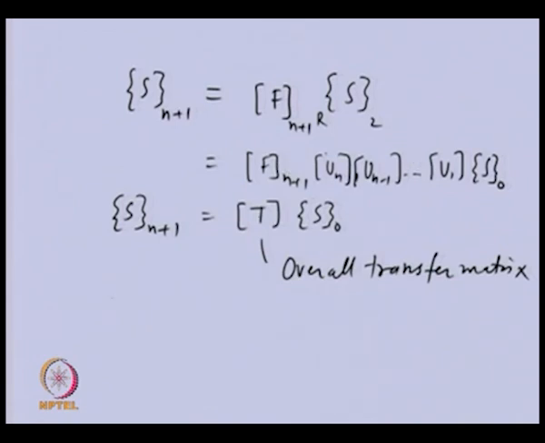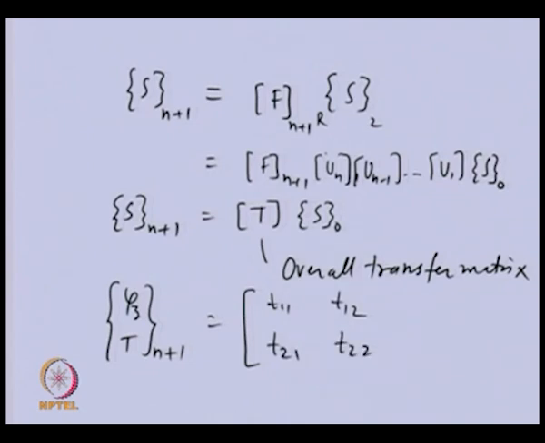So, in the expanded form, if we want to write the above equation, it has this form. Let us say T11, T12, T21, T22, because the size is 2 by 2. After all multiplication, let us say these are the terms. This may be a big equation.